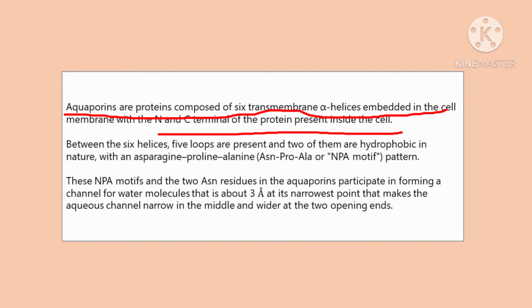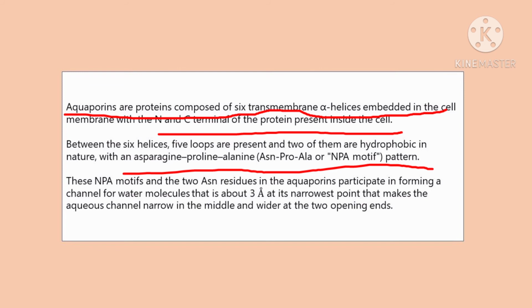Between these 6 helices, 5 loops are present and 2 of them are hydrophobic in nature with an asparagine, proline, alanine. That is denoted as the NPA motif pattern.